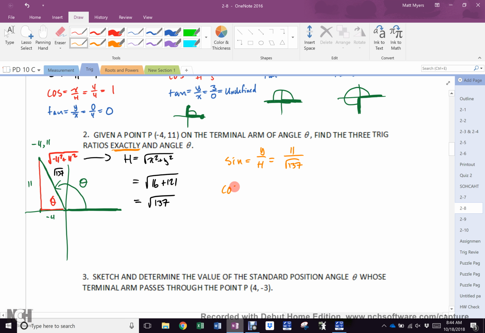What is the cosine? X over h, which is what? Negative 4 over square root of 137. And that's where we stop. What is the tan? Y over x, which now this one, can I do a decimal if I want? Because it is going to end, isn't it?